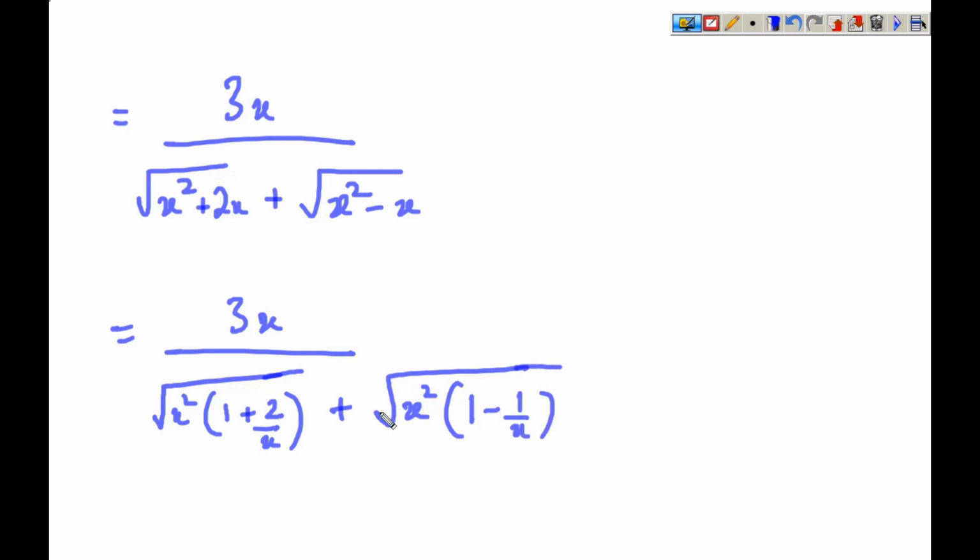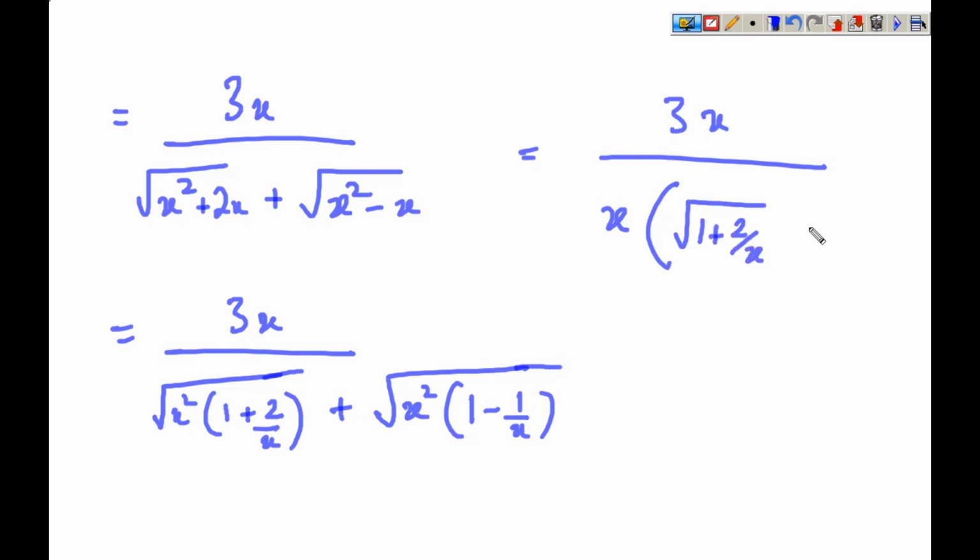That means x² will come out as x, so I'll get 3x over x times (the square root of (1 + 2/x) plus the square root of (1 − 1/x)). So x is cancelled out, and I'm left with 3 over the square root of (1 + 2/x) plus the square root of (1 − 1/x).